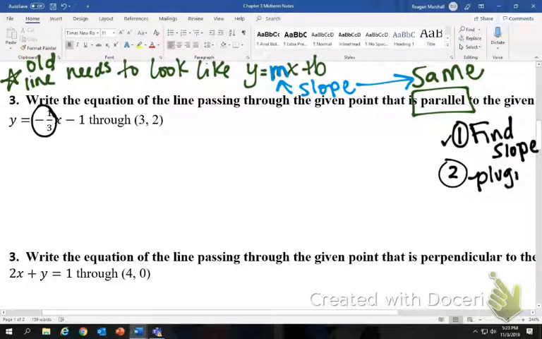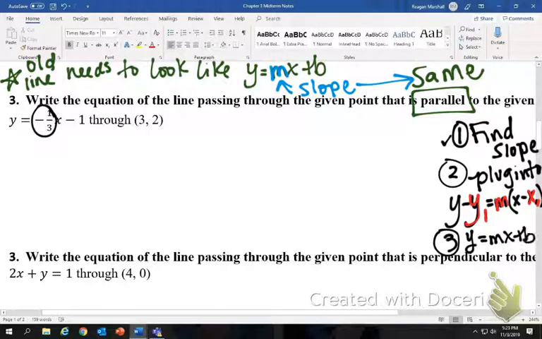Step 2 is to plug into y minus y1 equals m times x minus x1. Now remember, we call this point slope formula because you plug in a point and you plug in the slope. And then the last, you want to make it look like y equals mx plus b. And then that's your answer.